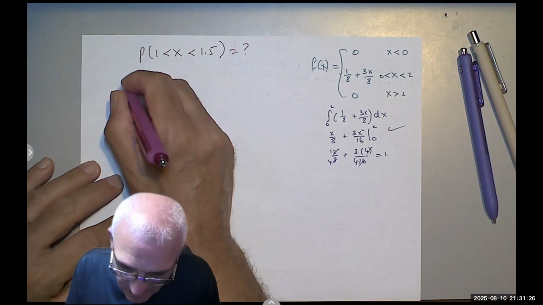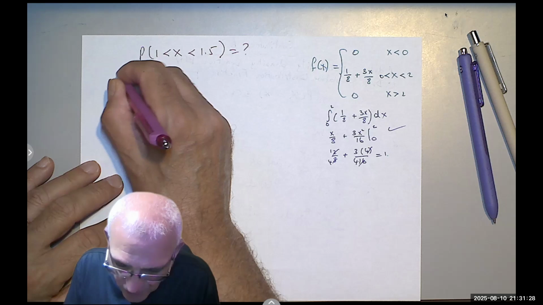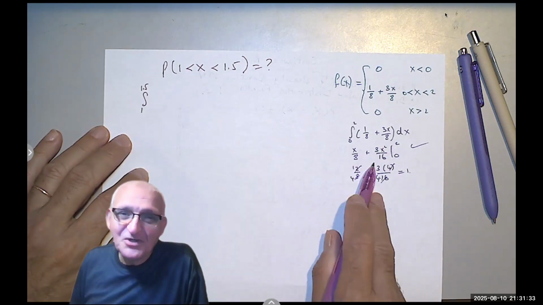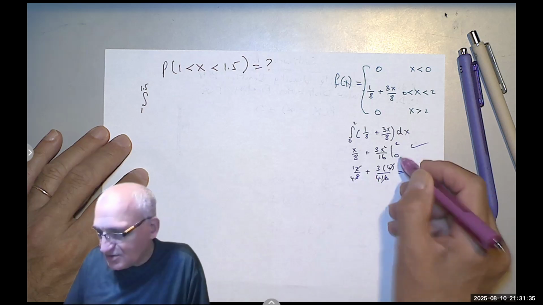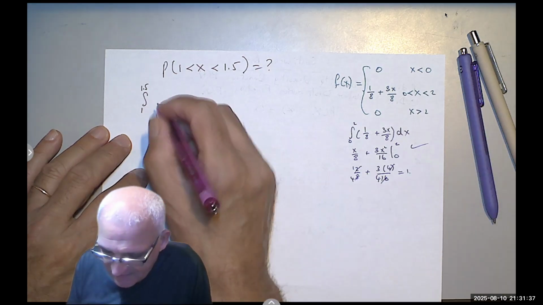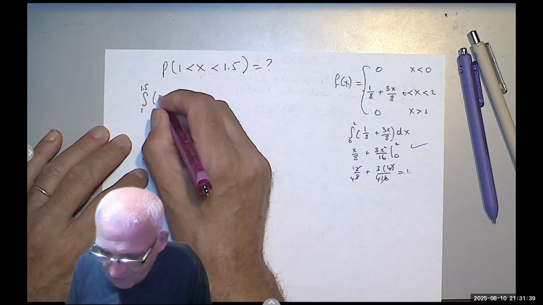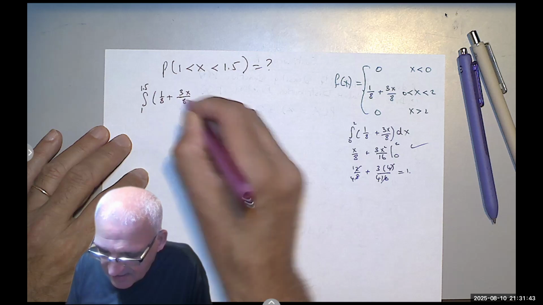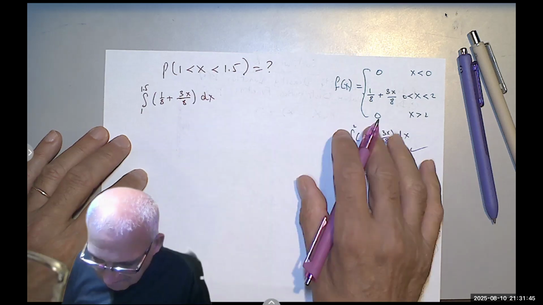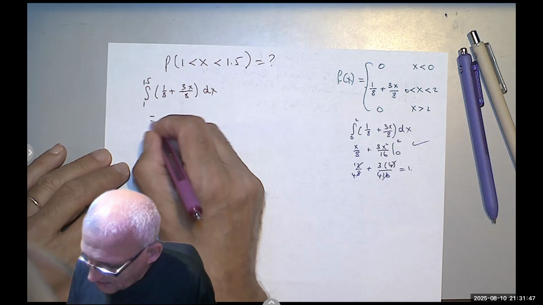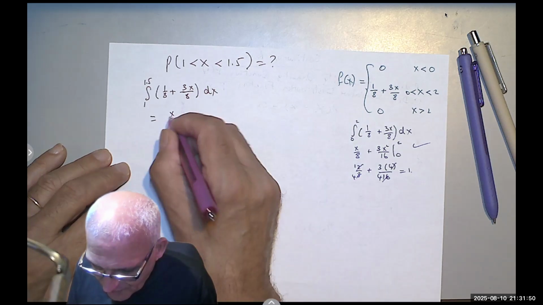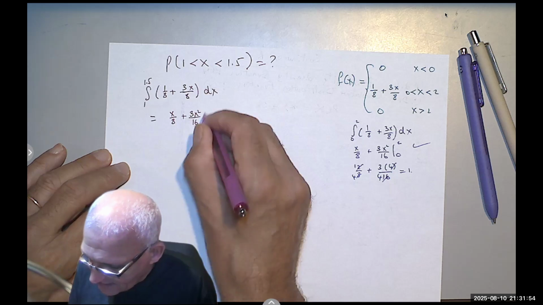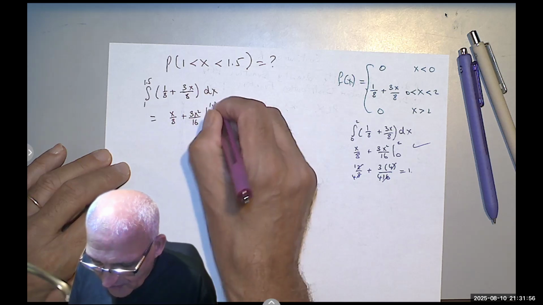I will take the integral between 1 and 1.5 of this function. We already have it, right? So we already have it, but instead of 2 and 0, it saved us time. So the integral of 1/8 plus 3x over 8 dx equals x over 8 plus 3x squared over 16, evaluated from 1 to 1.5.